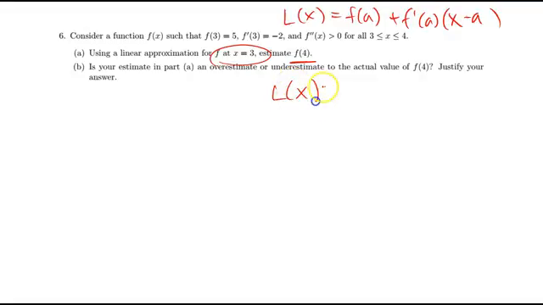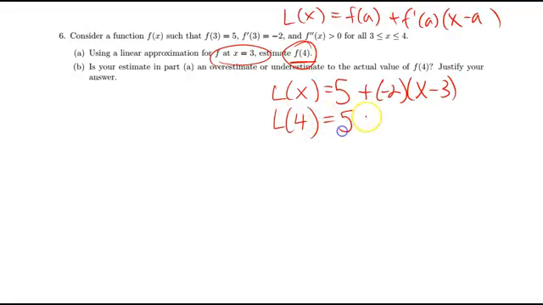Our linear approximation is going to be f of a, which is f of 3, they tell us that's 5, plus f prime of 3, which is negative 2, times x minus 3. Now let's figure out what we have at 4. 5 plus negative 2 times 4 minus 3, 4 minus 3 is 1, 5 minus 2 equals 3.